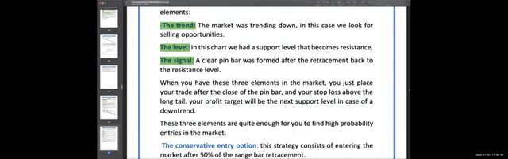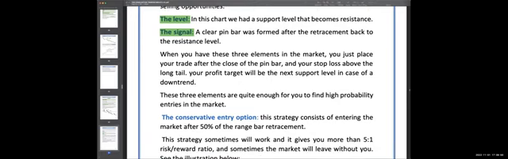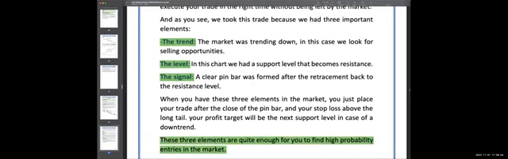When you have these 3 elements in the market, you just place your trade after the close of the pin bar, and your stop loss above the long tail. Your profit target will be the next support level in case of a downtrend. These 3 elements are quite enough for you to find high probability entries in the market.